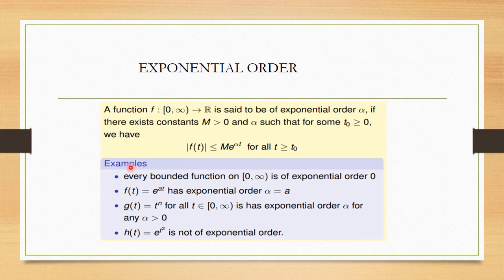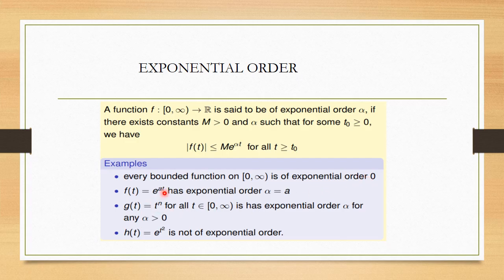So now what are the examples? Every bounded function on this interval is of exponential order 0. For example, the sin t function and cos t, we know that they are always less than or equal to e to the power t. So they are of exponential order alpha, where alpha is 0.